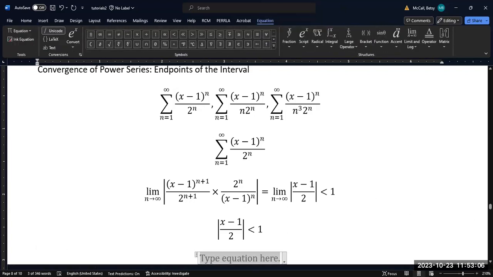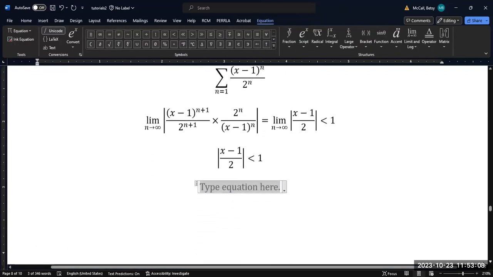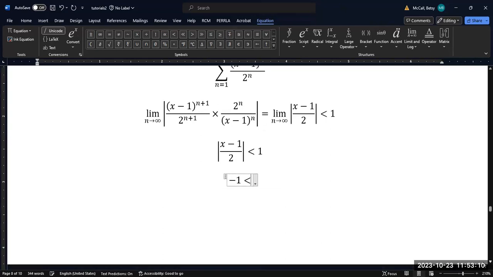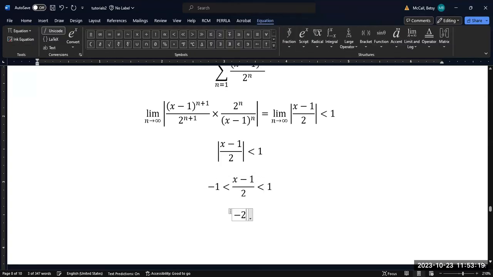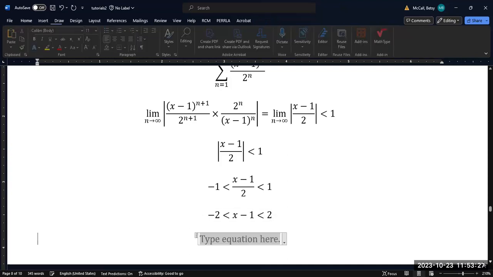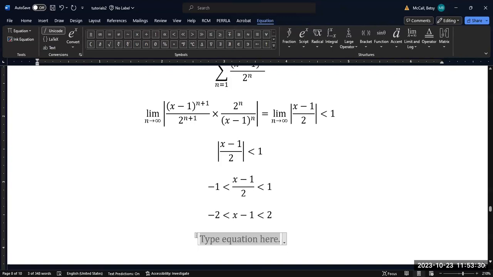And so we start solving for our interval. Negative 1 less than x minus 1 over 2 less than 1. We multiply everything by 2. We get negative 2 is less than x minus 1 is less than 2. Our radius of convergence is 2. And then we add 1 to every side, and we get negative 1 less than x less than 3.